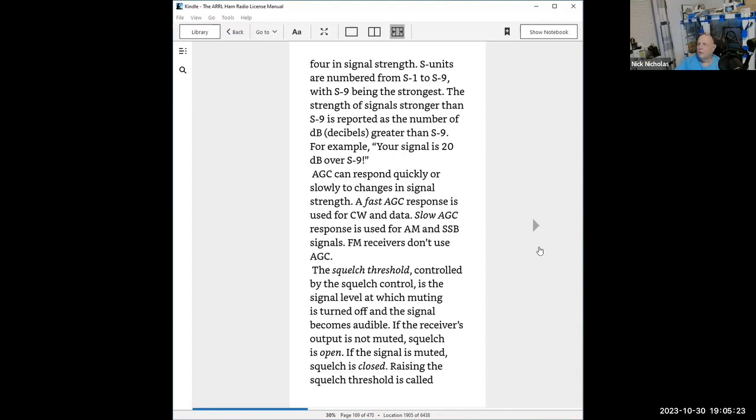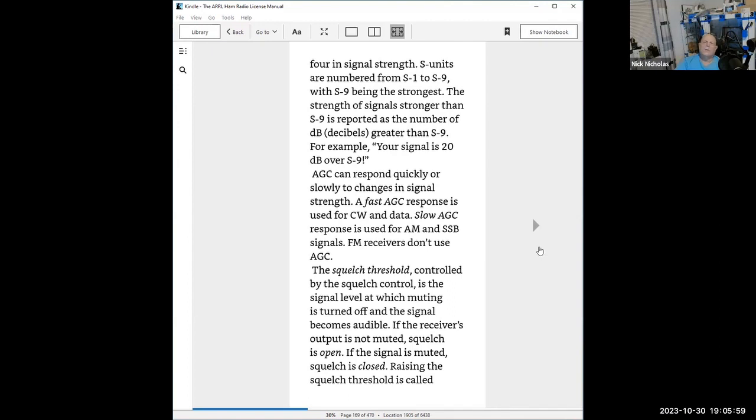So it'll go to S9, and then it will say 10 dB over S9, 20 dB over S9, and so on. An S unit is actually 6 dB for every one of them. As we go from S1 to S9, we're going 6, 6, 6 dB. And remember, every 3 dB is doubling. So S meter units are major moves. They're quadrupling the strength for every signal all the way to S9.